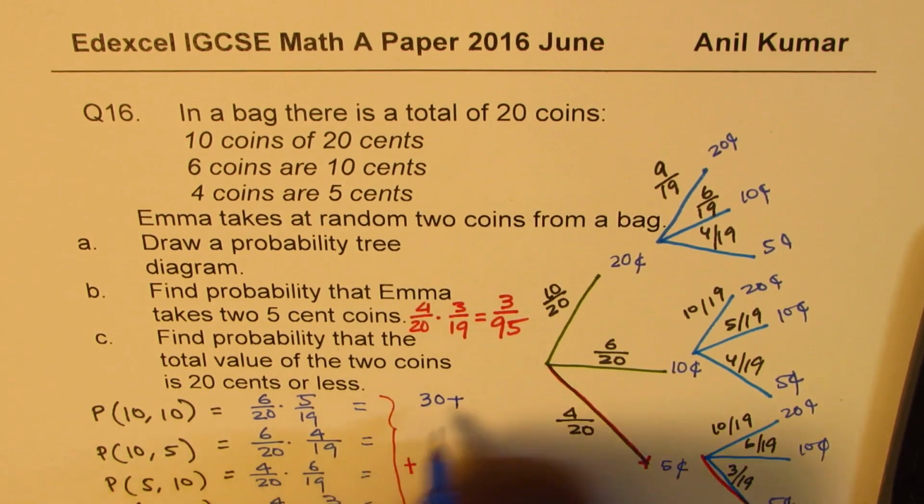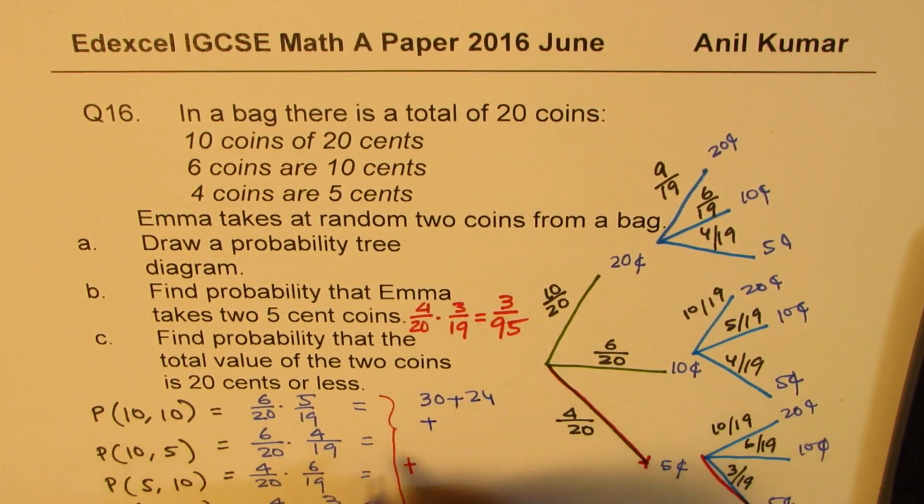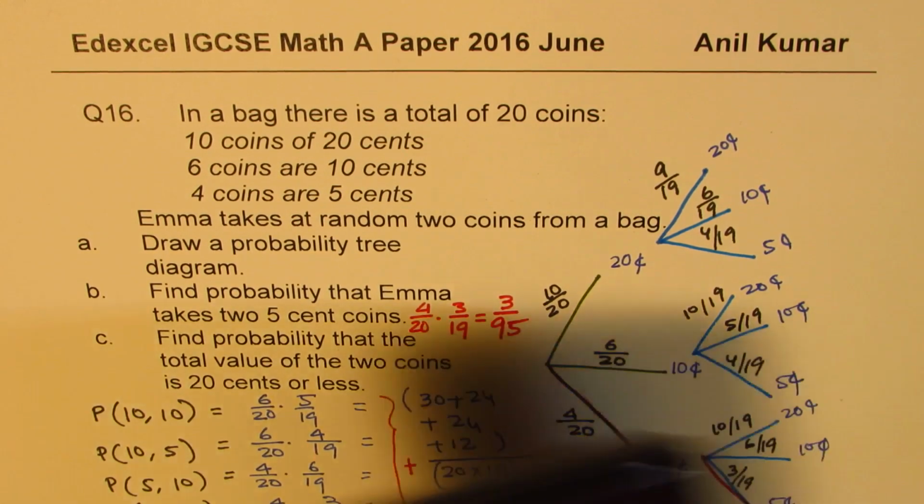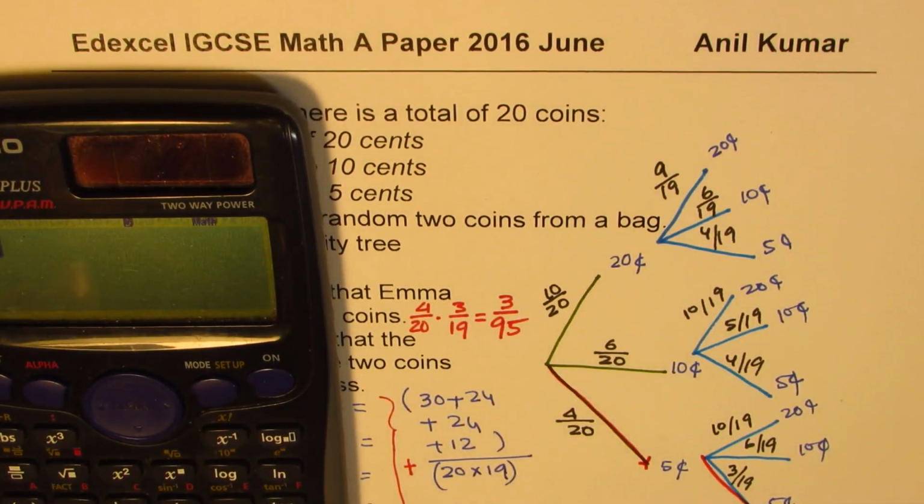That'll be faster. So we have 30 plus 24 plus 24 plus 12.